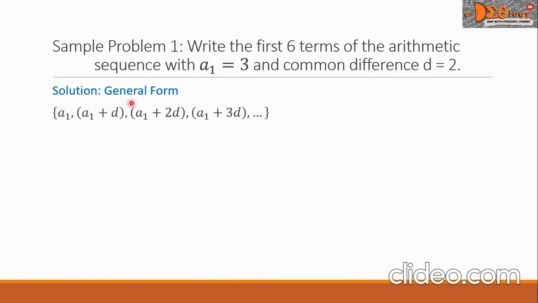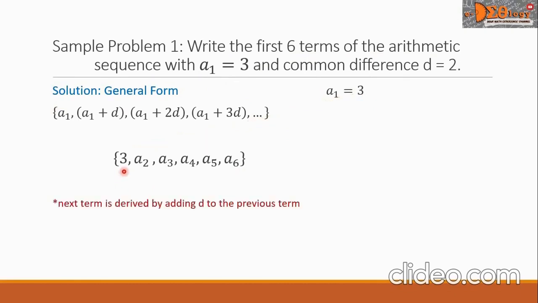Let us write the general form, and it is written here. Since we need 6 terms, we may write a sub 1, a sub 2, up to a sub 6. In the problem, a sub 1 is already given, which is 3. So we may substitute this value for the a sub 1 in our sequence.